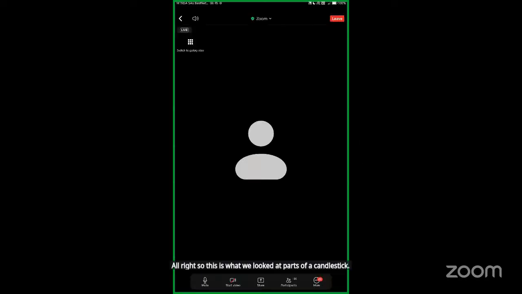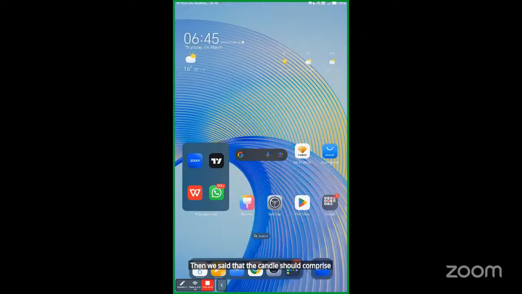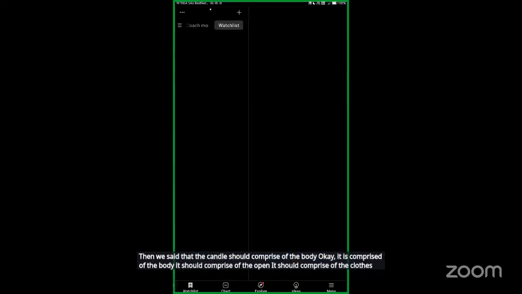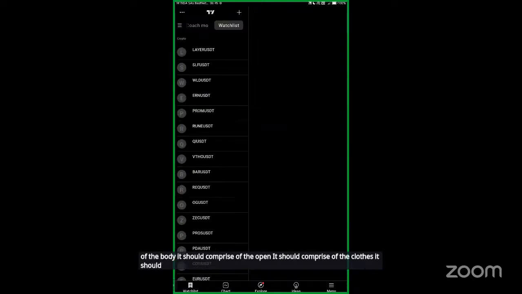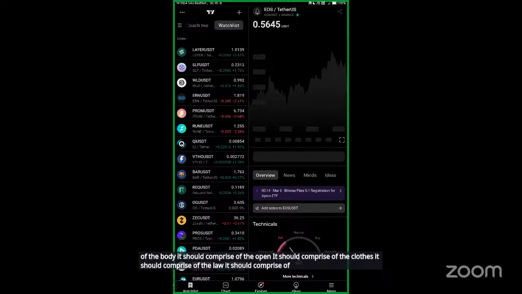All right, so this is what we looked at, parts of a candlestick. Then we said that the candle should comprise the body, the open, the close, the low and the high of the market.